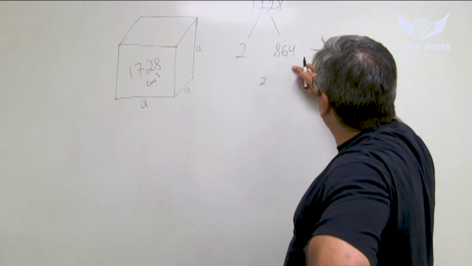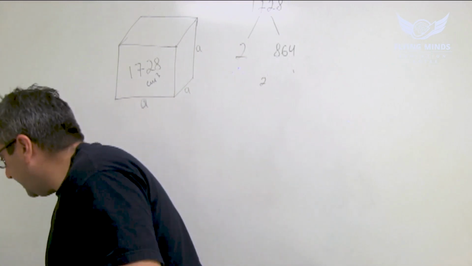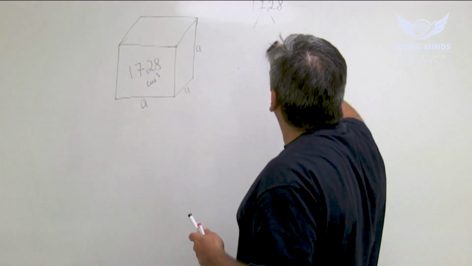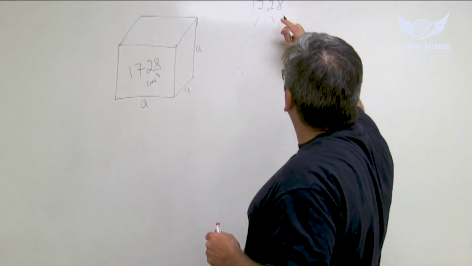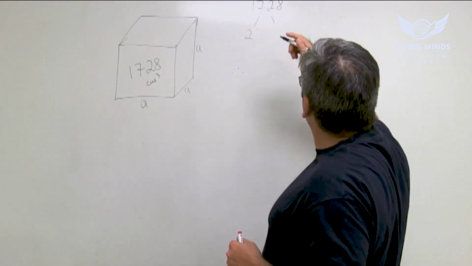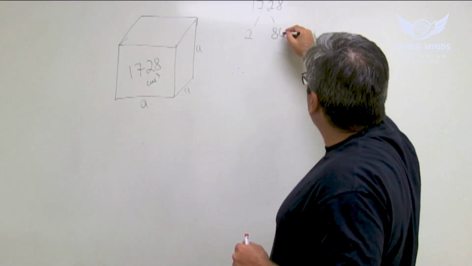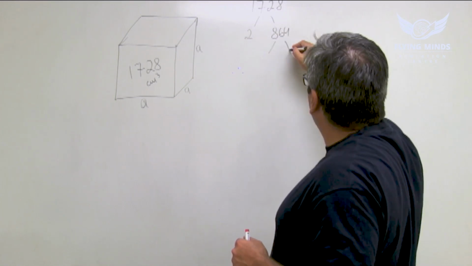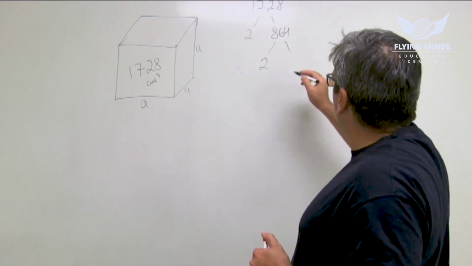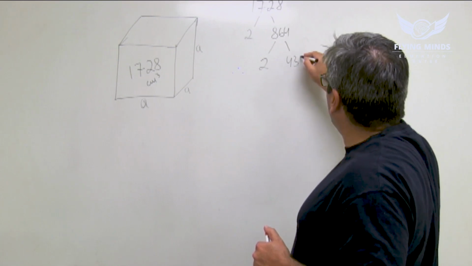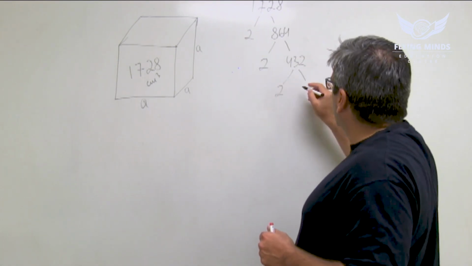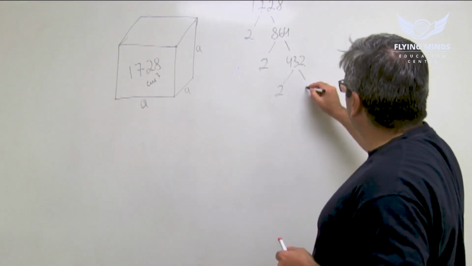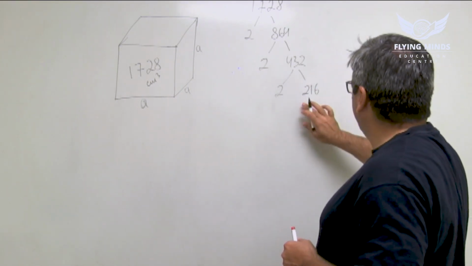I should probably write smaller, so we have enough space on the board. Then again by 2, so it will be 432, and again by 2 it will be 216.